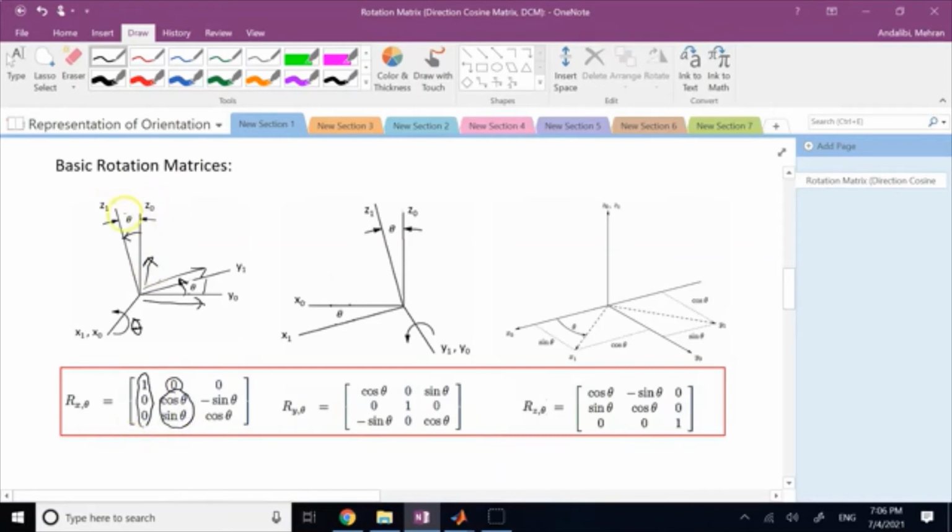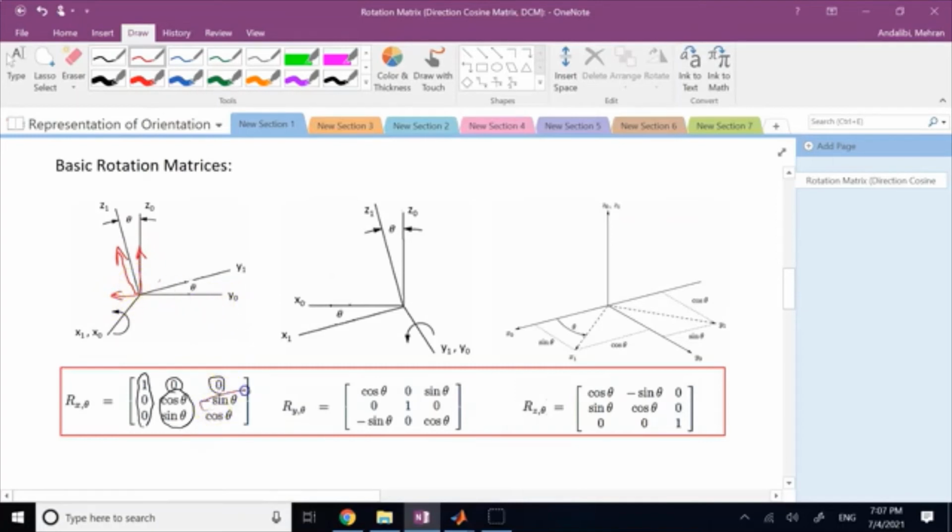And similarly, when you project z1, it has nothing along x0, so the first one is 0. z1 along y0: when you project something on the z1 direction, you will get this component along y0 in the opposite direction, so it is sine but with a negative sign.